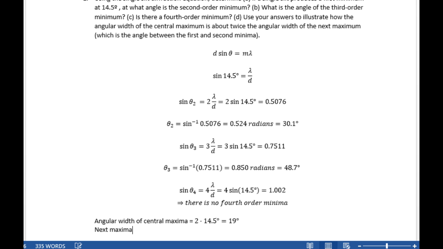Next maximum is at 30.1 degrees. The next maximum width equals 30.1 degrees minus 14.5 degrees, which is 15.6 degrees.